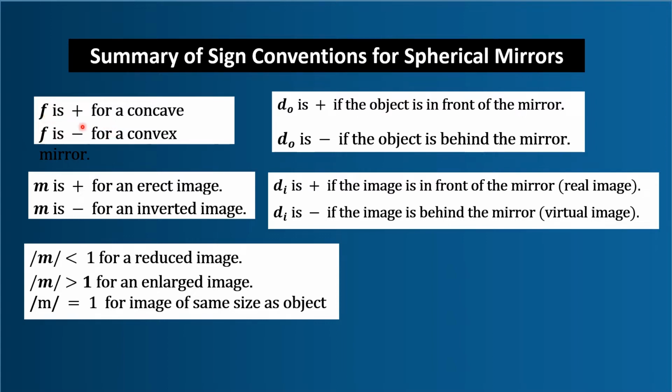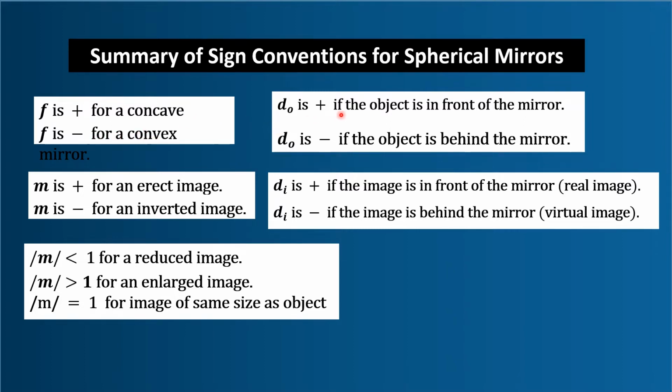Twice the focal length is also called the radius of the spherical mirror. So it also follows that for a concave mirror, the radius must also be considered positive, and for convex, the radius should also be considered negative.